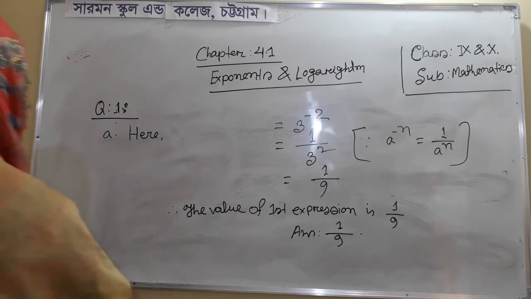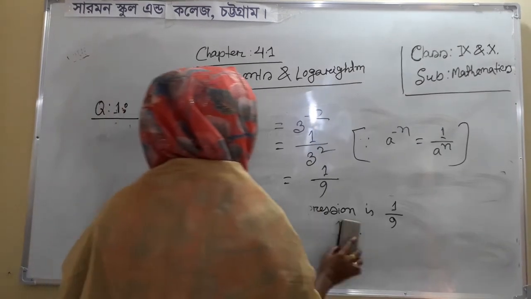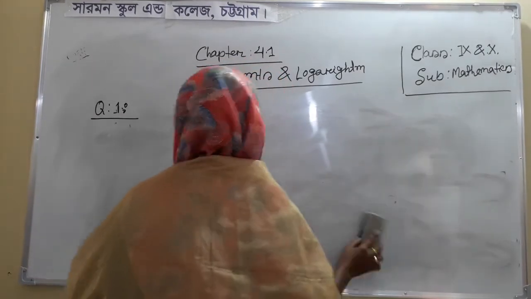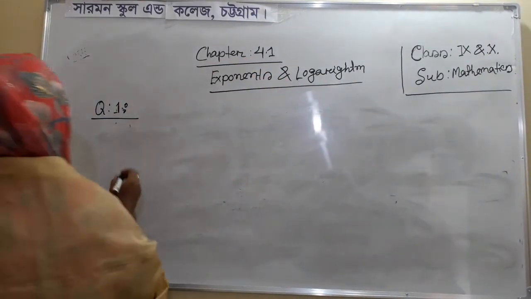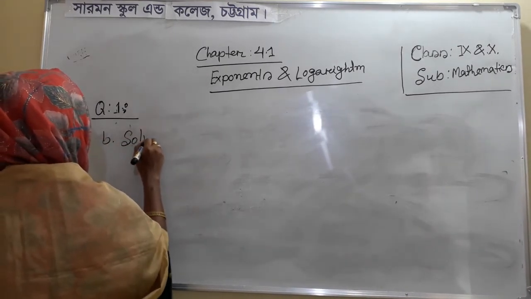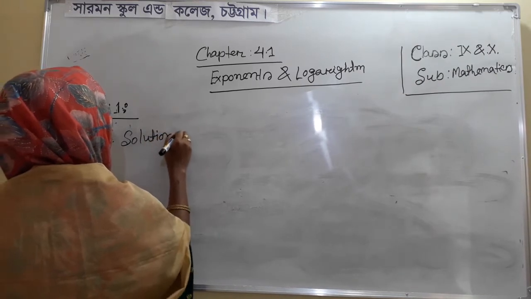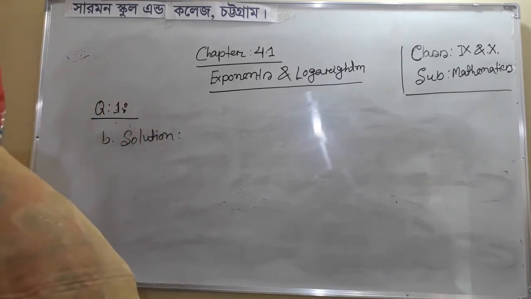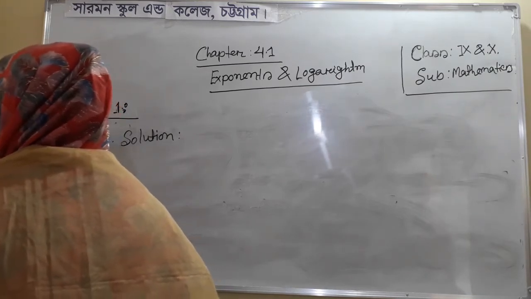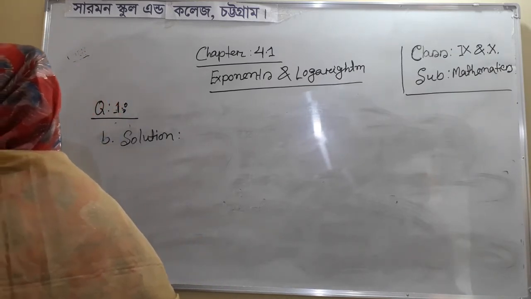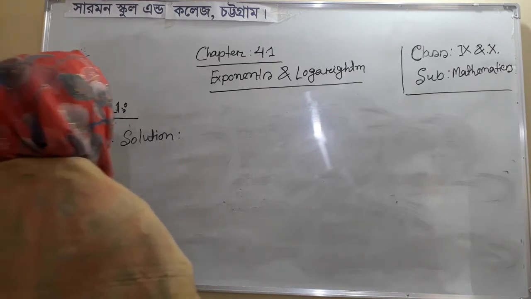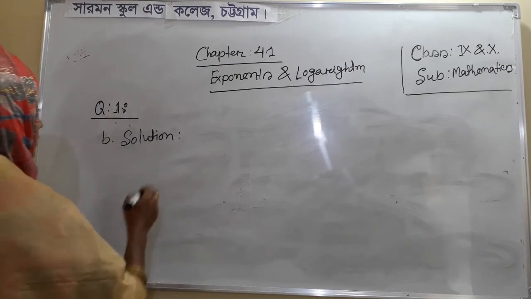Now we are going to solve question number B. In B we have to show that 3 to the power m plus 1 divided by 3 to the power m whole to the power n minus 1 divided by 9 to the power m plus 1 divided by 3 to the power n minus 1 whole to the power m plus 1 equals 1 by 9.